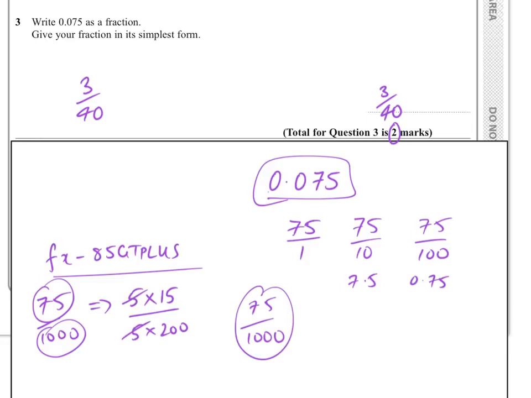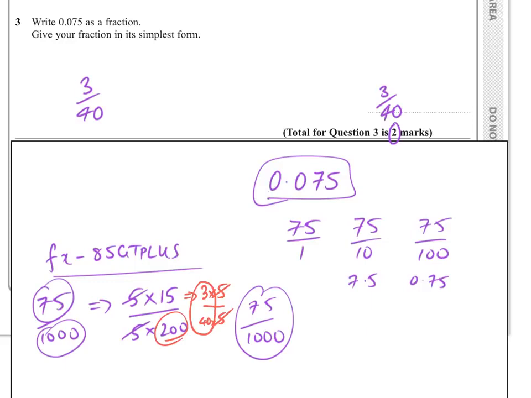And then you can say to yourself, does 15 and 200 have anything in common? Yes, they do. You can say that the 15 would be 3 times 5, and the 200 would be, well, how many 5s in 200 do you think? Well, it's going to be 40 times 5. And again, 5/5 cancels and you're left with 3/40.